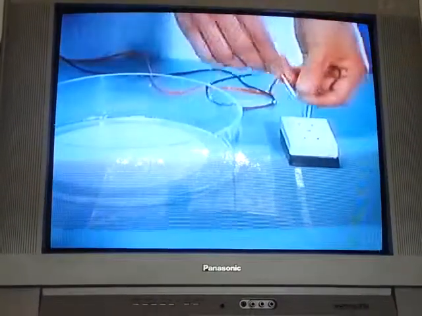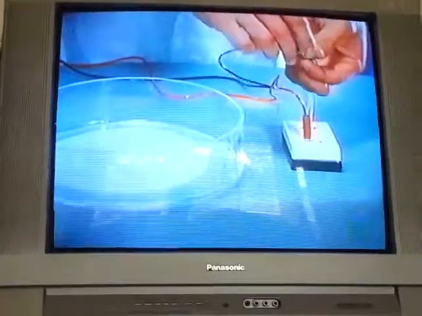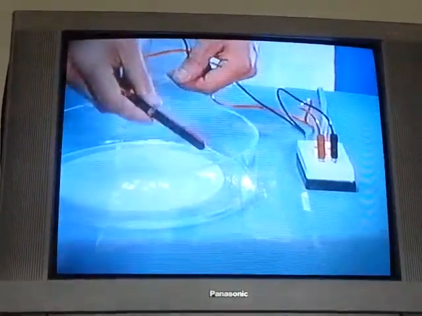This time, let's connect the test lead to the alternating current source and do the same thing again. Here we see two dotted lines.